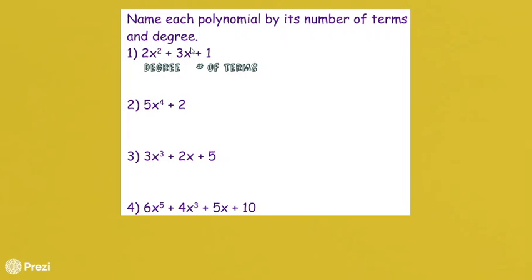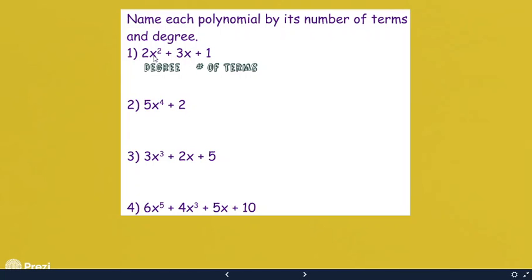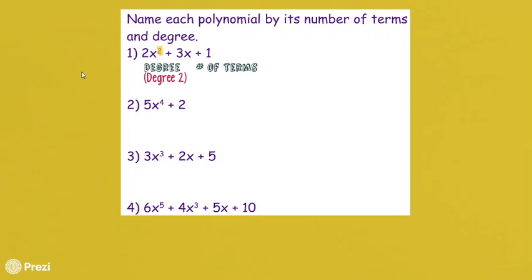So this is degree 1. And then this term is x squared, so it's degree 2. So the highest out of all 3 of those is x squared, so it's degree 2. Okay, that's the highest exponent, so degree 2. And the special name for degree 2 is a quadratic. So technically it's called a quadratic.